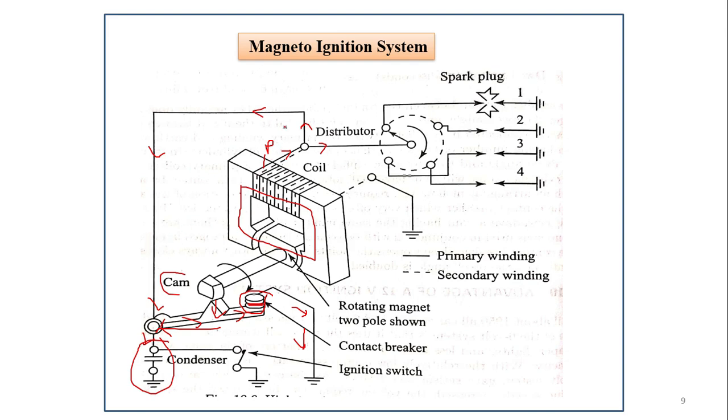Now the current is flowing from this side, but when this condenser is fully charged, the voltage and current will be more than what is coming from this side, and due to that the current will be reversed and will flow in this direction. This current will again be passed to these primary windings, and will pass to these secondary windings.